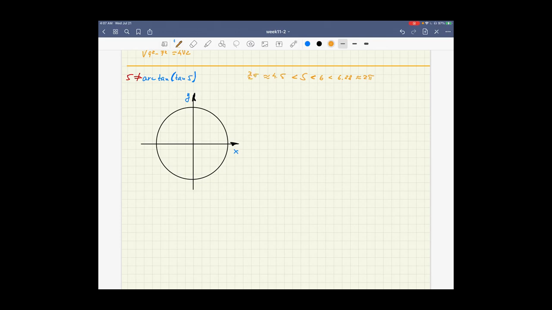If you view pi as roughly 3, then 3/2 pi will be 4.5. So in short, 5 is an angle in the fourth quadrant.